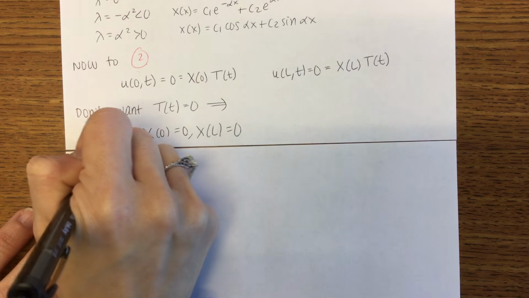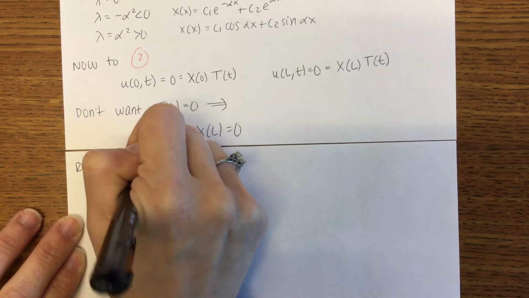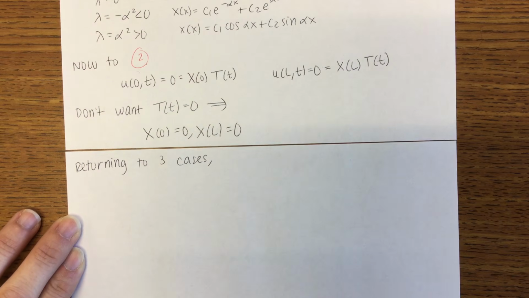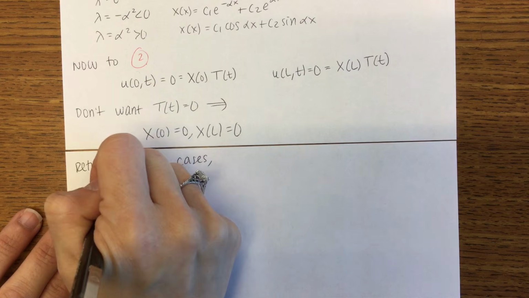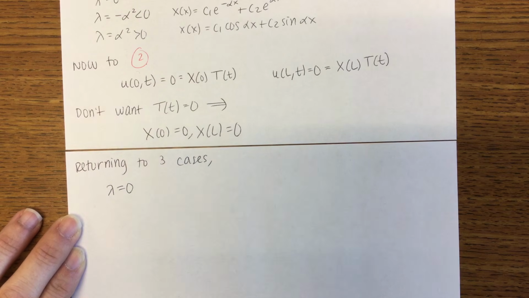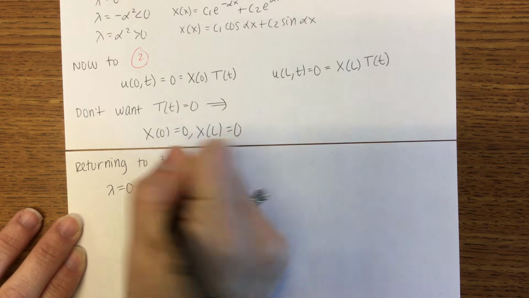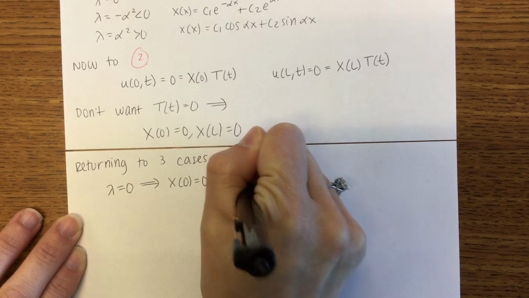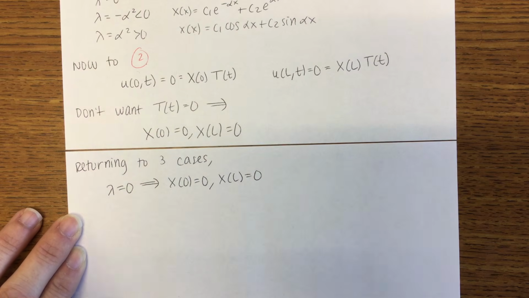So now we go back to the three cases. First case, where lambda equals 0. If I substitute in X of 0 equals 0 and X of L equals 0, do you guys trust that I did that correctly?